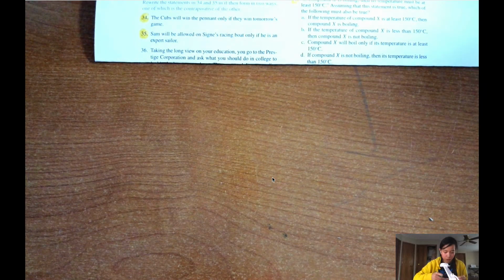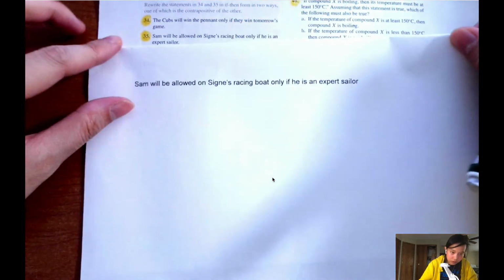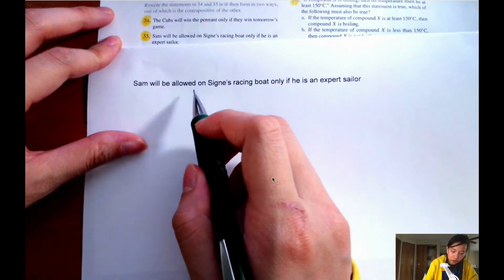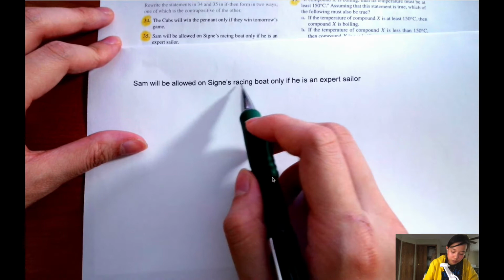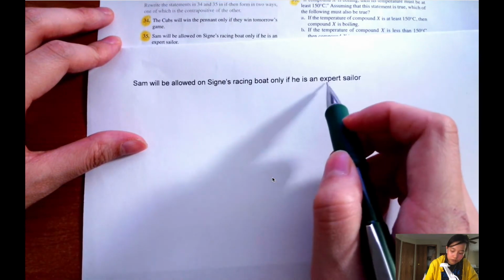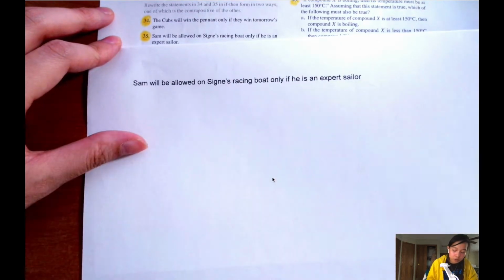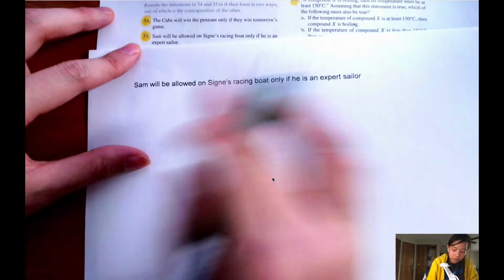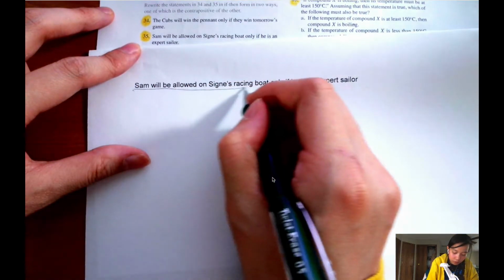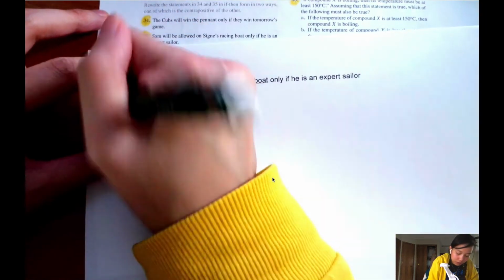Now let's do number 35. 35 says, Sam will be allowed on Sine's racing boat only if he is an expert sailor. So in order to write this sentence in if-then form, we take the first part of the only if and put it next to an if.